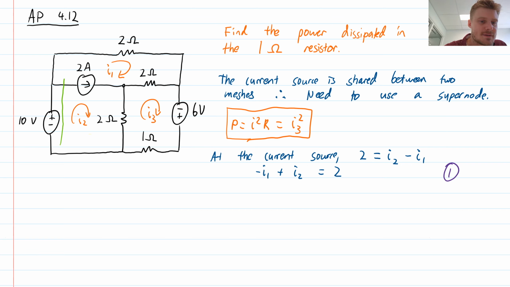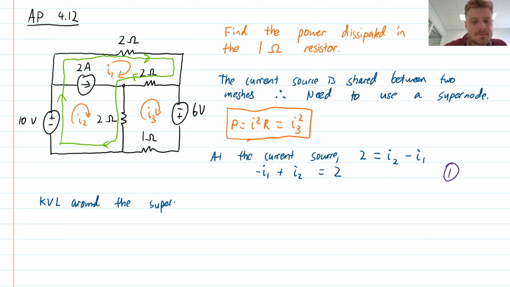So for instance, I go along like this, around these two meshes so that it fully encloses my current source. I'm just going to draw some arrows on it so that I know which way around I'm going to proceed when I do Kirchhoff's voltage law. So Kirchhoff's voltage law around the supermesh will look like this.